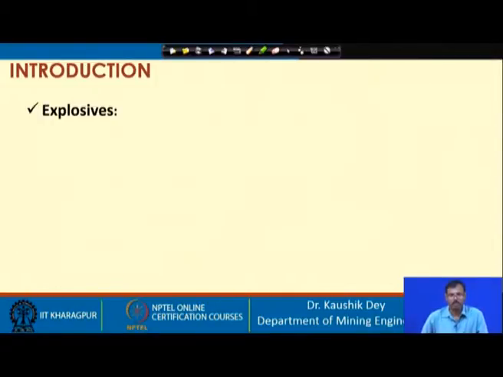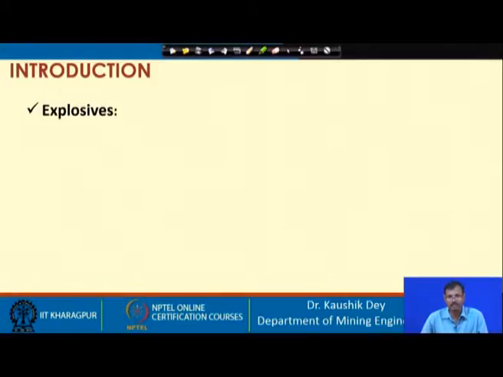Now, let us understand what is explosive, because our common sense says whatever crackers we are using, that is the explosive, or what is on the head of the matchstick is explosive. But how can the explosive be technically defined? If something is burning, will that be called explosive? These confusions are there.